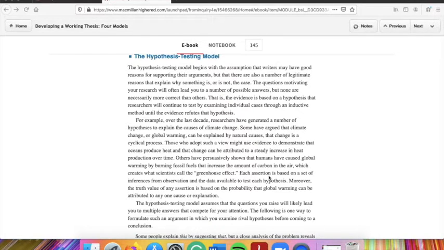A long-winded way they talk about the hypothesis testing model is with global warming. That's a great one because we're not trying to say that there is only one cause of global warming. We're trying to figure out the causes of global warming, and these hypothesis testing models are different hypotheses as to what could be contributing most significantly to global warming.